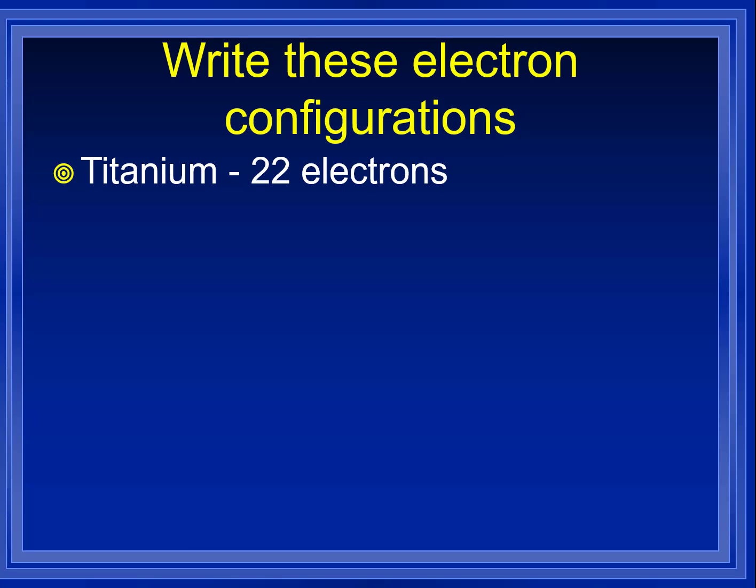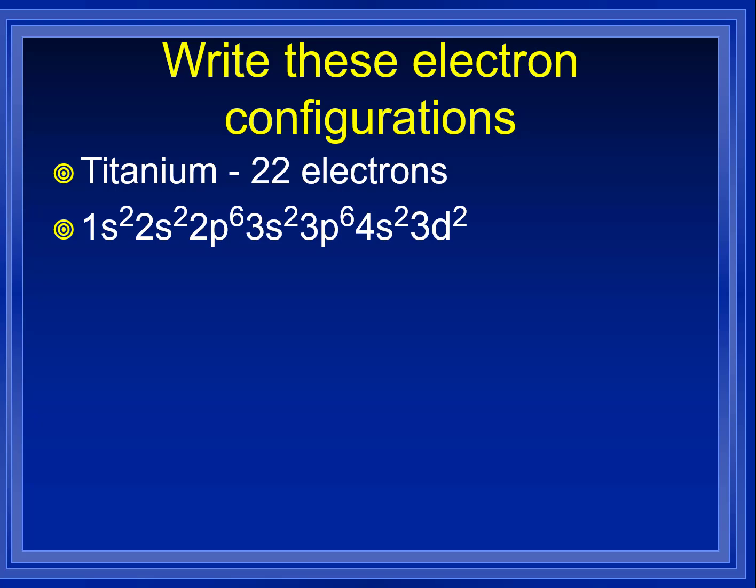And then that gets me up to 18, and I'm trying to go to 22, right? So next is going to come 3p6, and then after 3p comes 4s2, and titanium I need 2 more, so it's 3d2, right? So that's what you get. That is the electron configuration of titanium.